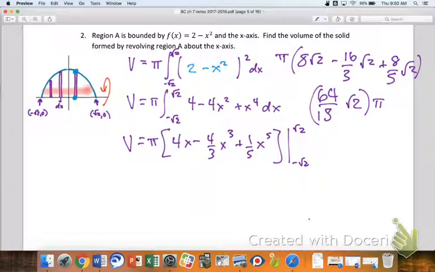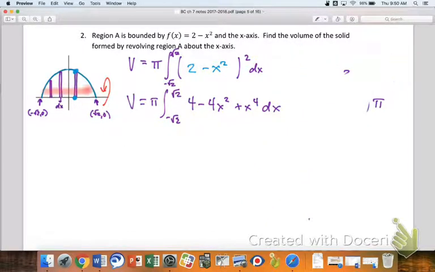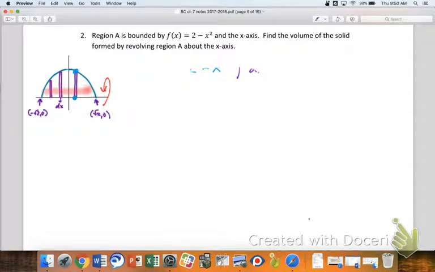But check this out. What if somebody noticed something that we didn't talk about and decided this would make it just a little bit easier? So instead of that original setup, what if they noticed, as mentioned earlier, that there is a lovely symmetry? The y-axis is a nice line of symmetry. In other words, the left half and the right half are exactly the same.